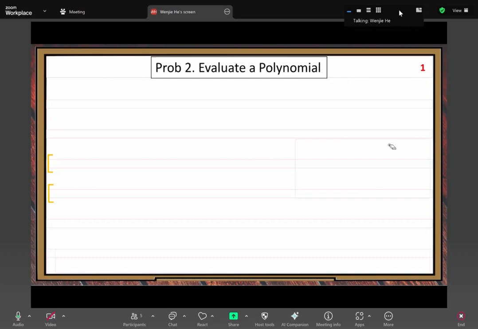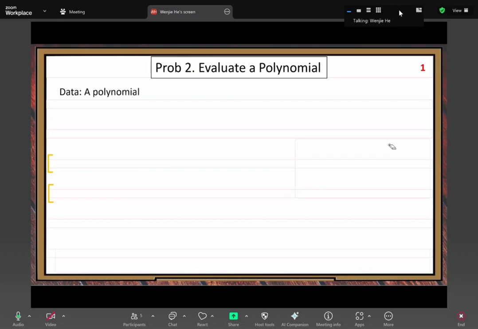Remember, efficiently. In this class, we will emphasize that efficiency a lot, how to solve a computing problem efficiently. All right, let's look at the problem first.